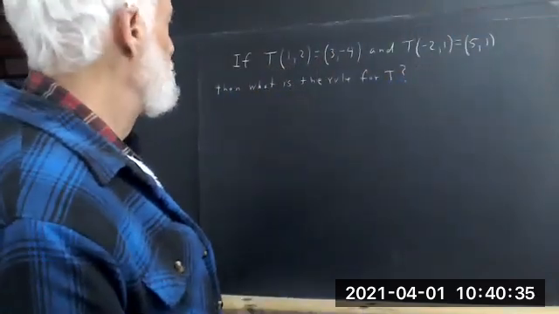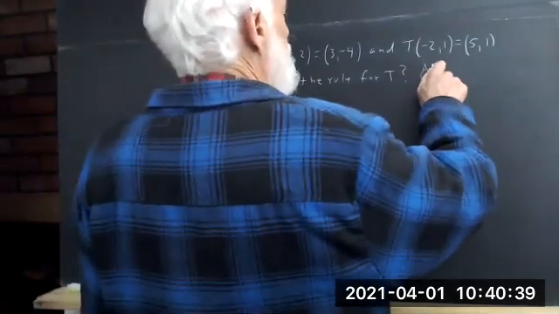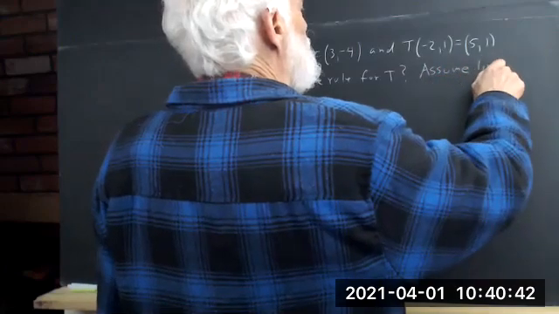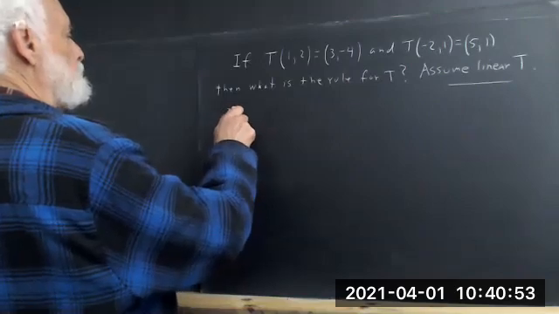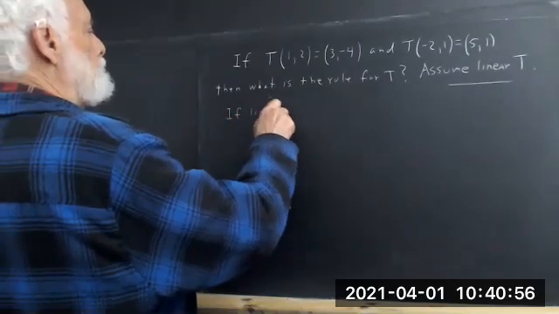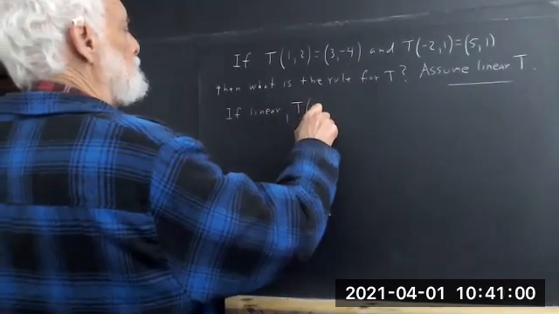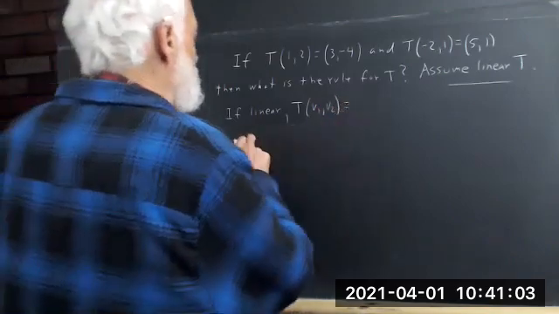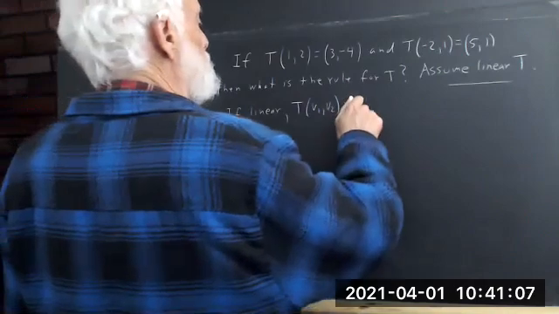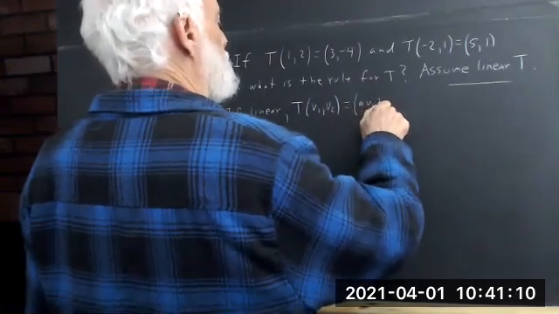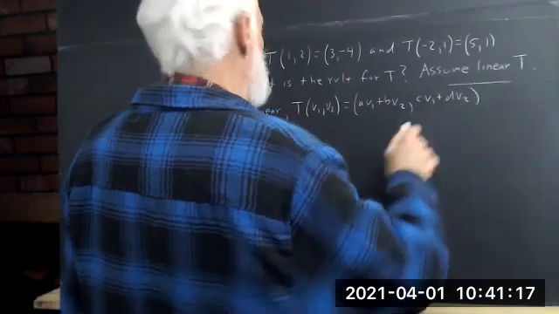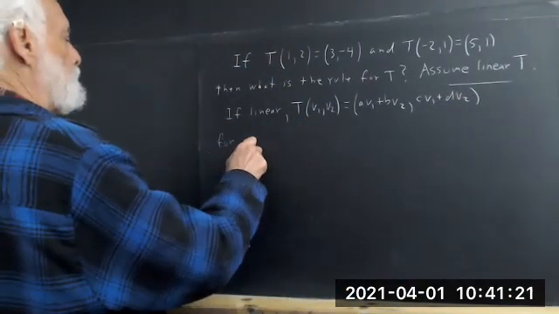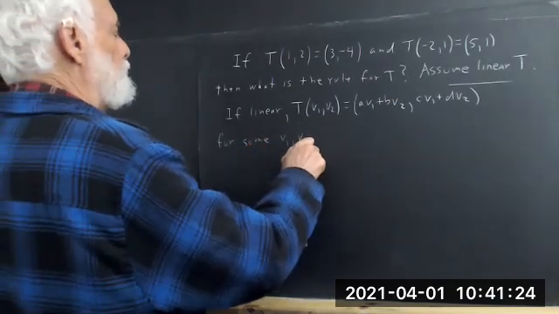And if we assume that T is linear, then if linear T of V1, V2 equals aV1 plus bV2, cV1 plus dV2, for some V1 and V2.